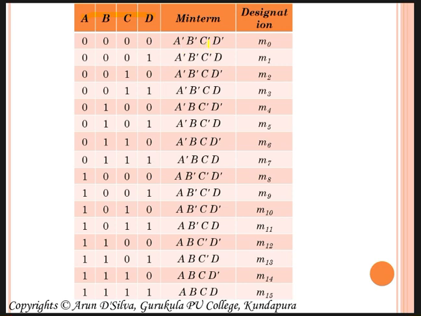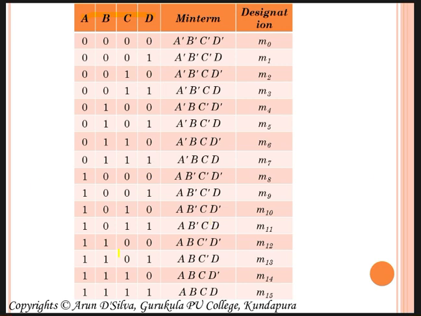With respect to that, the min terms are such that wherever zeros are there, the variable is complemented, and where 1 is there, it is not complemented. This table is also very important, because most of the time the K-map reduction Boolean expression will be given in the four variable format itself.